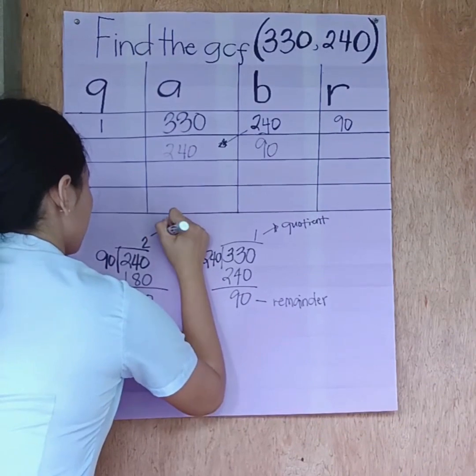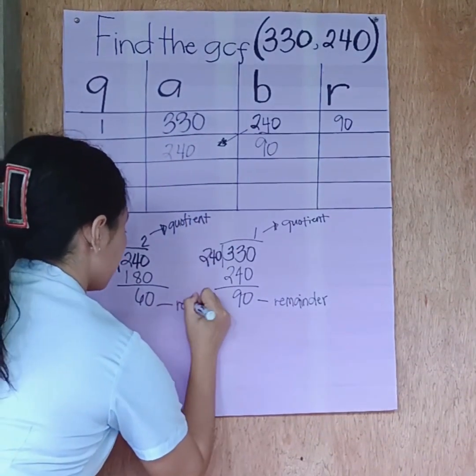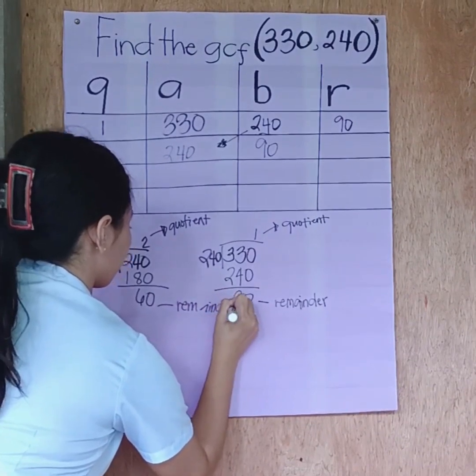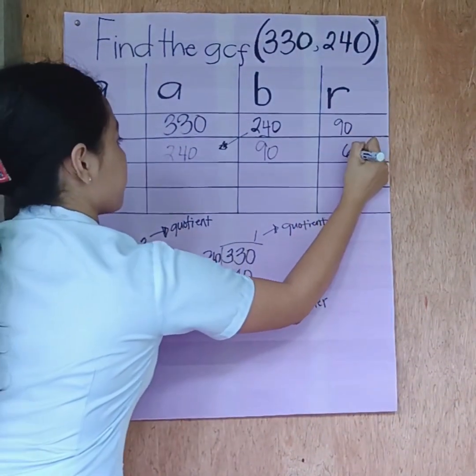So this is the quotient, and this is the remainder. So we will write 2 here and 60 here.